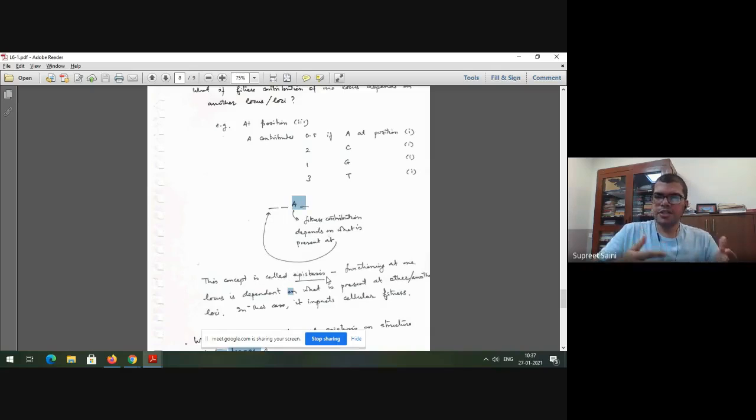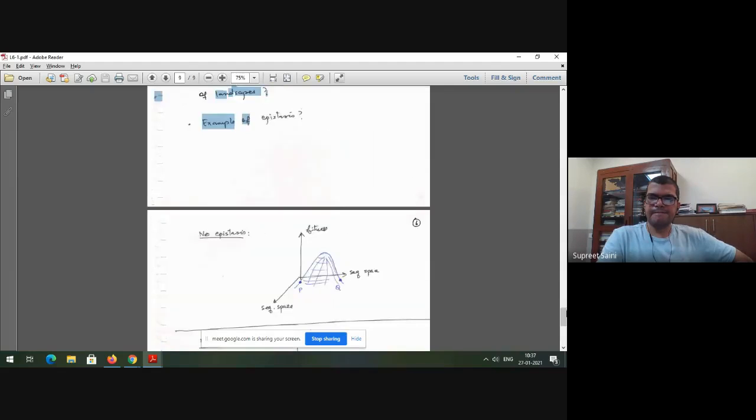That a manifestation, in this case fitness, is not just dependent on what is present at that particular locus, but is dependent on what is present at another locus. So this is going to be true in cases where this locus and this other locus act in conjunction to decide a particular manifestation. This process is called epistasis. Does that make sense?